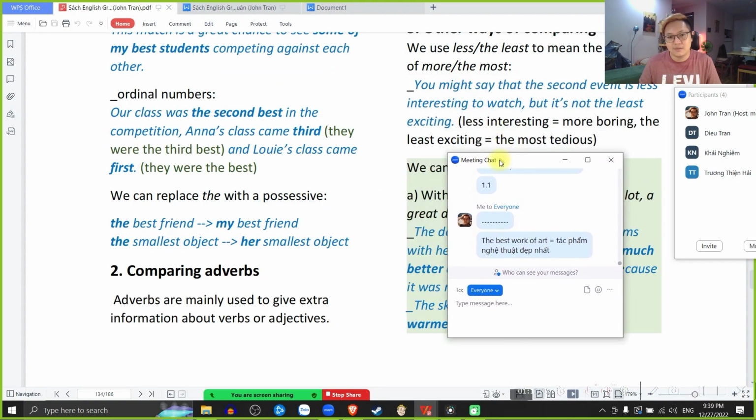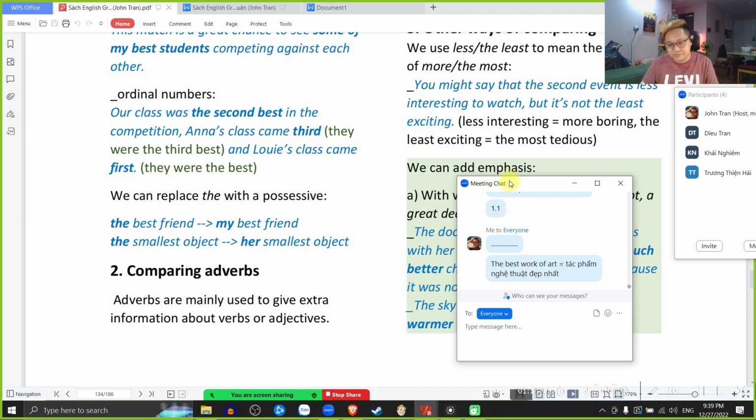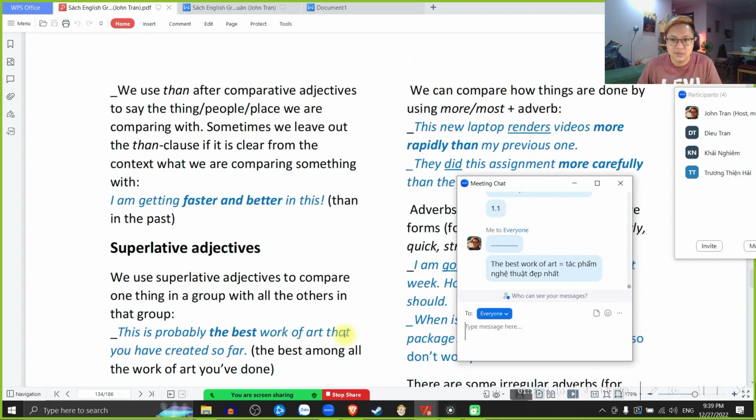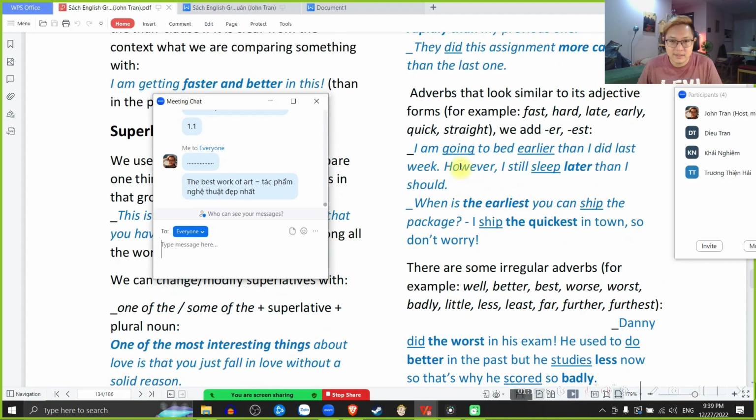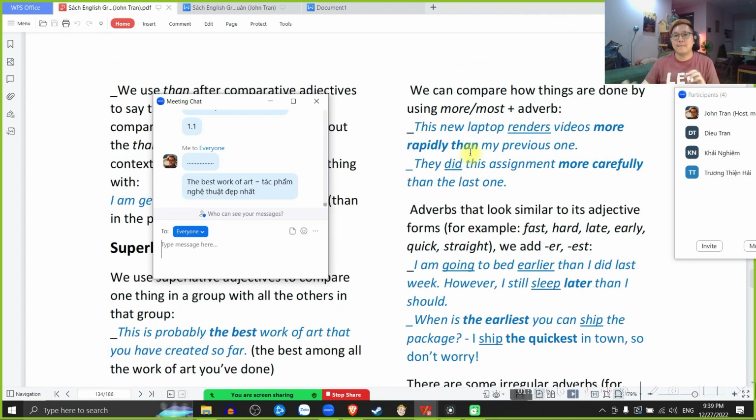Comparing adverbs, tính nó bây giờ đến trạng từ so sánh trạng từ. Comparing adverbs. Adverbs are mainly used to give extra information about verbs or adjectives. Okay. We can compare how things are done.